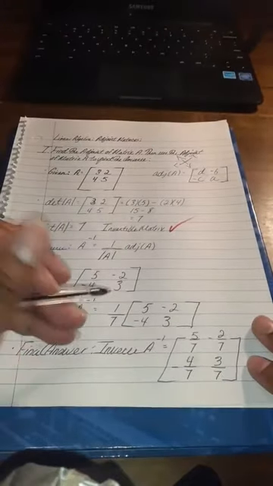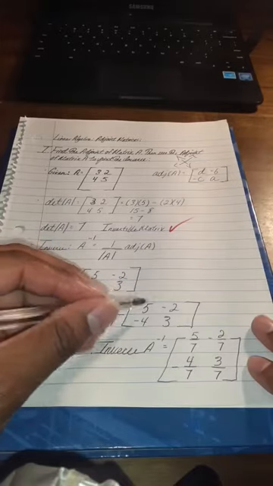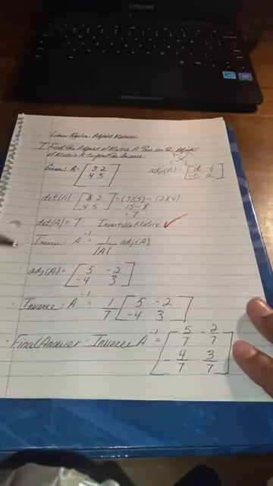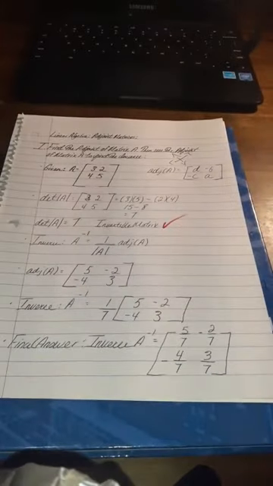We can't really do that here because 7 is a prime number. So we'll have -4/7 and 3/7. 7 doesn't have anything in common with 5, 2, 4, or 3, so there really is no reducing that can be done. So you leave it like that. So that's the inverse of matrix A.